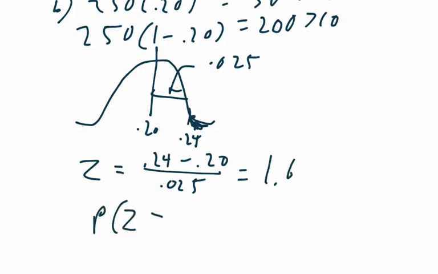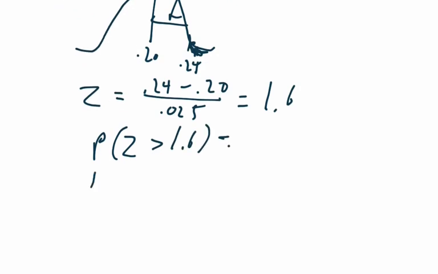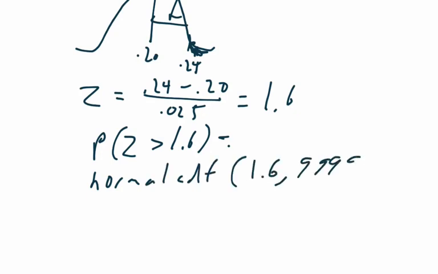And since we're doing the probability Z is bigger than 1.6, we go to normalcdf, 1.6 comma 99999. And that turns out to be 0.055.